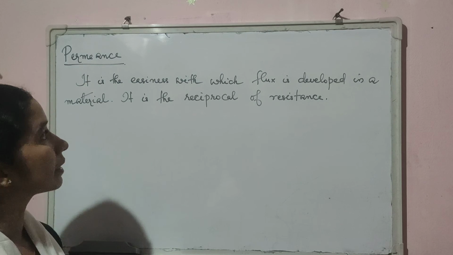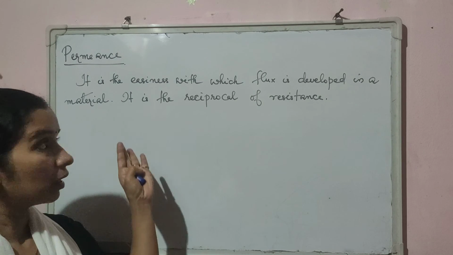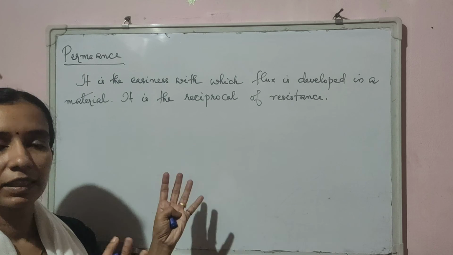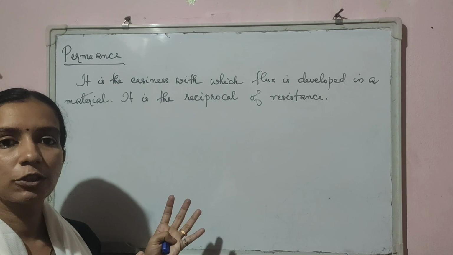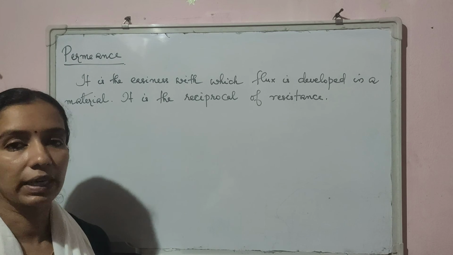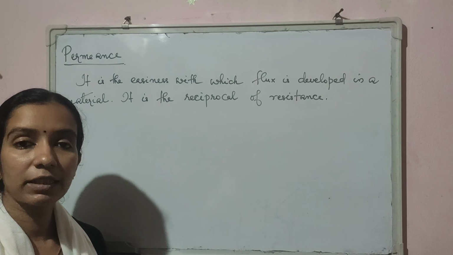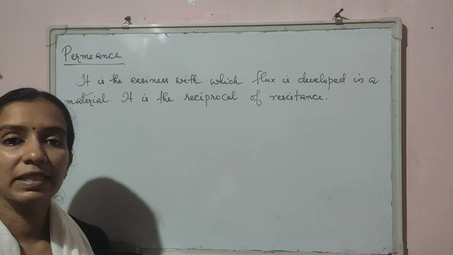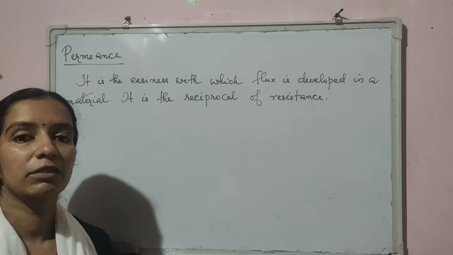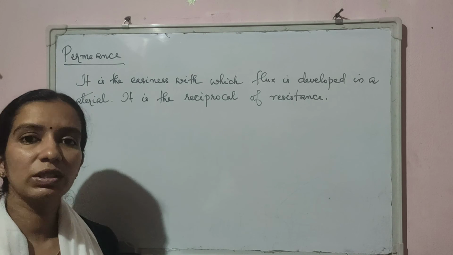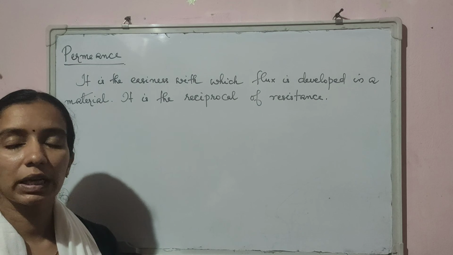So that is known as permeance. On seeing this definition, we can understand that this term is opposite to reluctance. Reluctance is the opposition to the setting up of flux, and permeance is the easiness with which flux is set up. So both have opposite definitions.